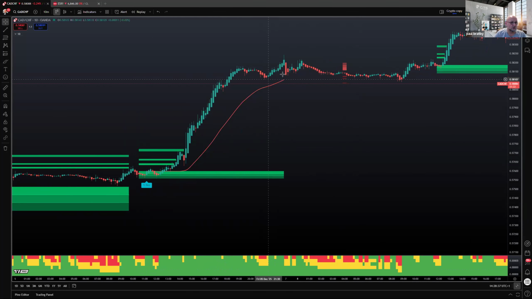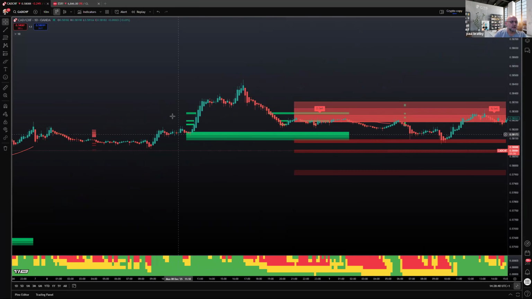Really strong until it takes it out. Here we get a pullback, but it doesn't give us the signal to go long. But it was a good signal. Remember, we're on a 10-minute time frame here, so it's not a missed opportunity because the rules weren't met and it was a very shallow pullback.